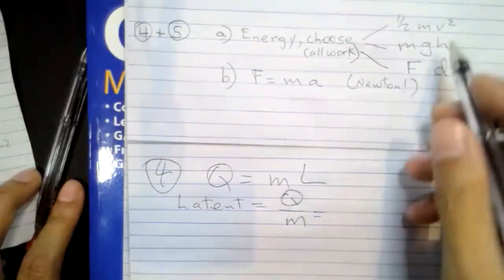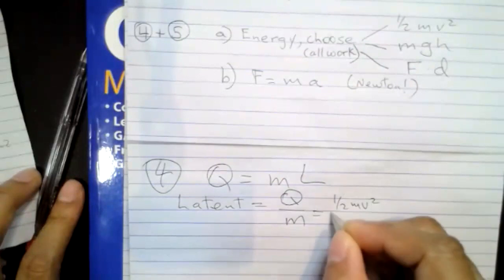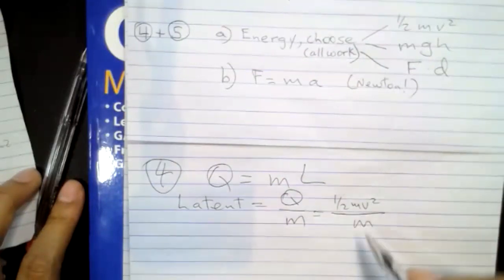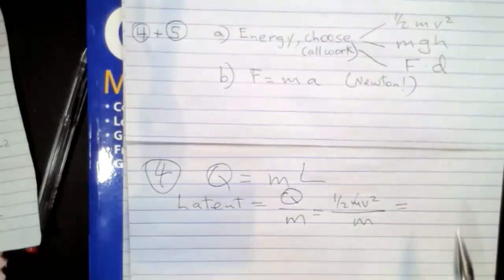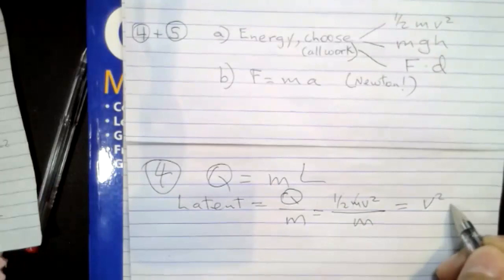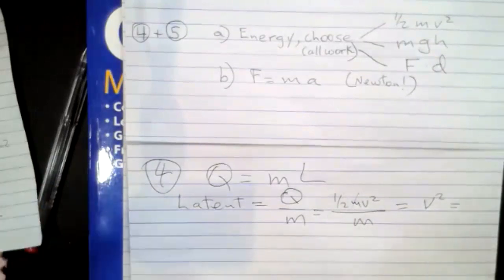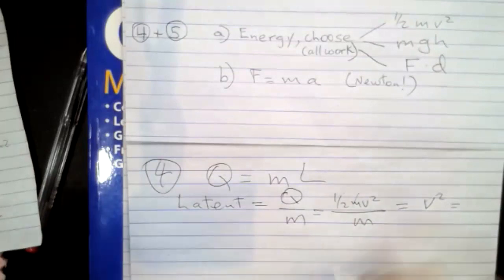I'm going to choose 1/2 mv squared, and that's over m. The m's will cancel. And from a dimensional standpoint, I have v squared. The 1/2 makes no difference in terms of the units. If it's half a Newton or 10 Newtons, that's not what the question is.